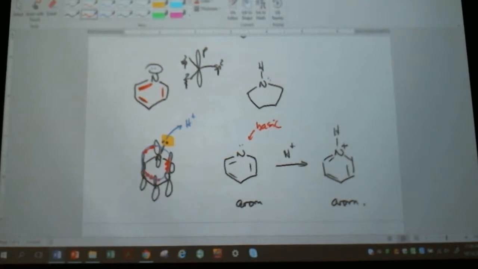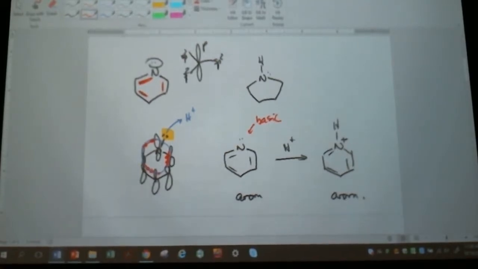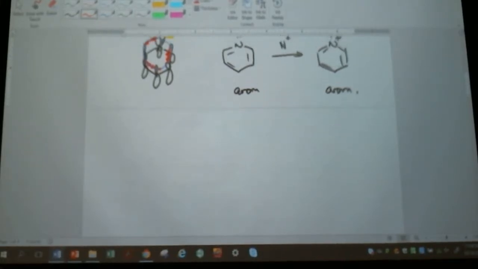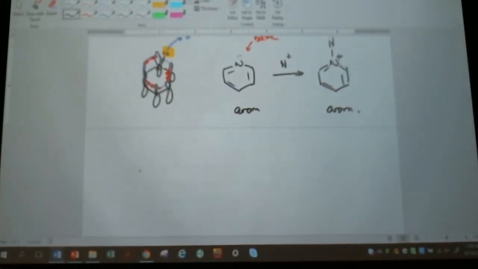That is the question. In this case, this is basic because it can pick up a proton without messing up the aromaticity. What if you had another nitrogen? But if you have, let me finish. I'm trying to answer your question. Really trying. Okay. So, if you have instead something like this, I'm just going to put it outside because I know otherwise you're not going to pay attention.